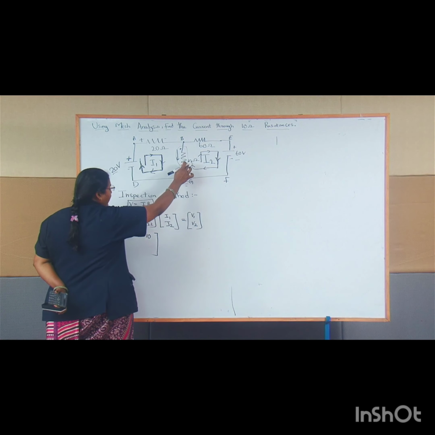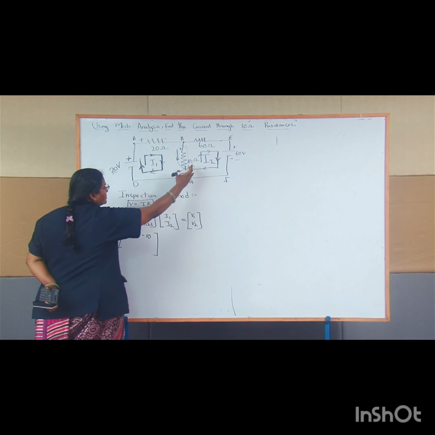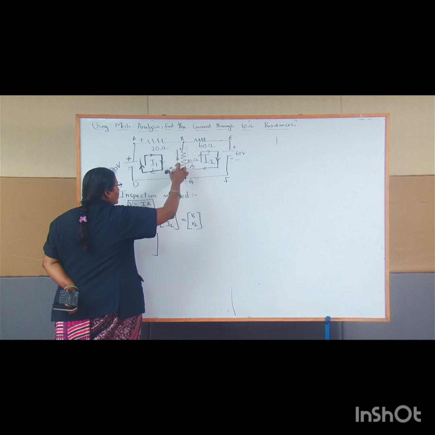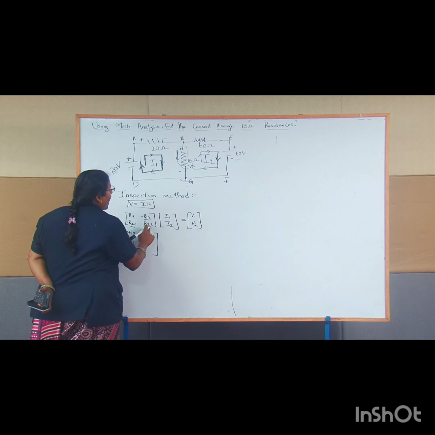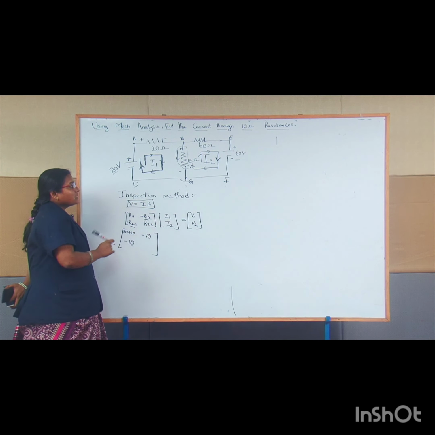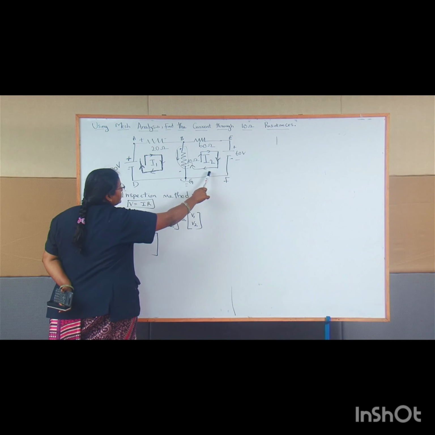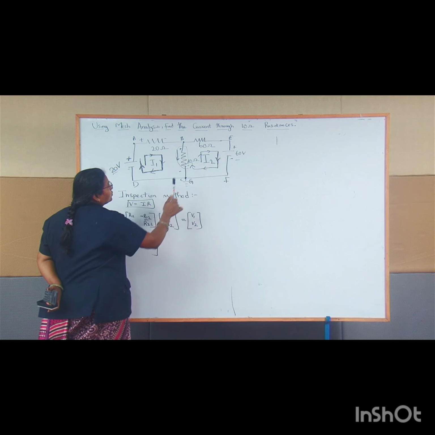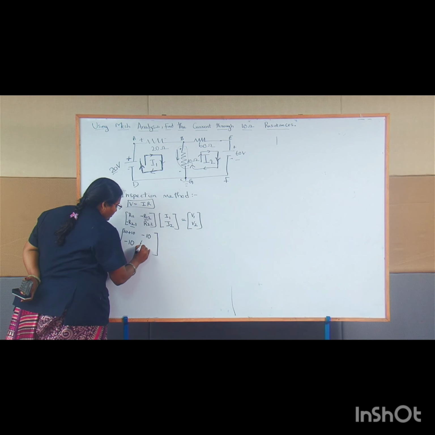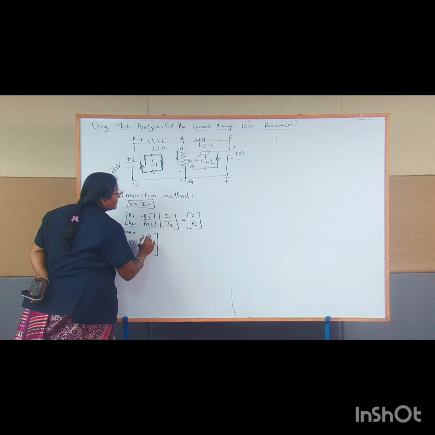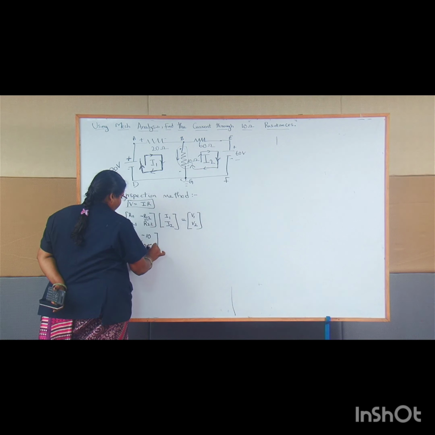So here it has 10, right? This is the second loop, this is the first loop. So 10 ohm resistance, minus 10. Then R22 means the total resistance present in loop 2. So 60 plus 10, it will become 70.